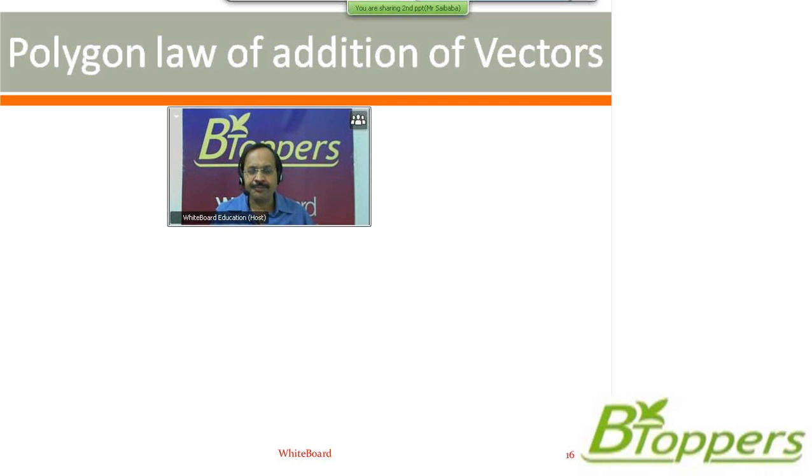So the first method is to choose a coordinate system and resolve the vectors into rectangular components along the coordinate axes. If all the vectors lie in the same plane, then we usually choose the plane containing the vectors as the xy plane.